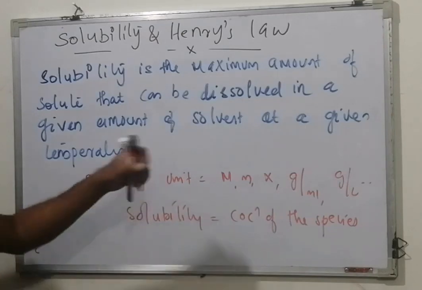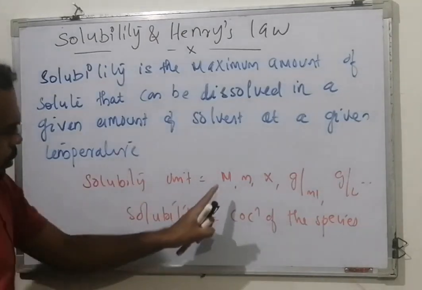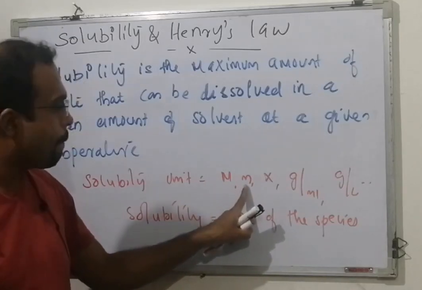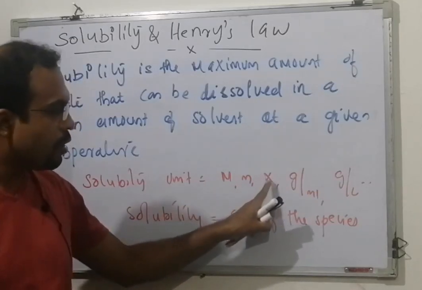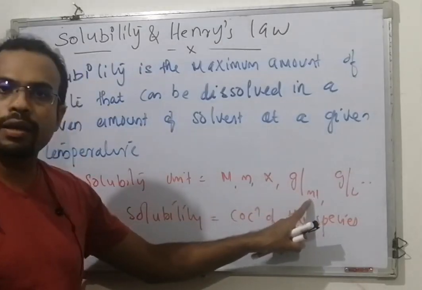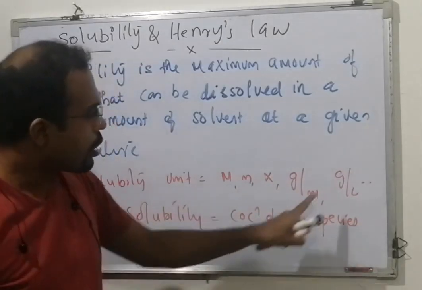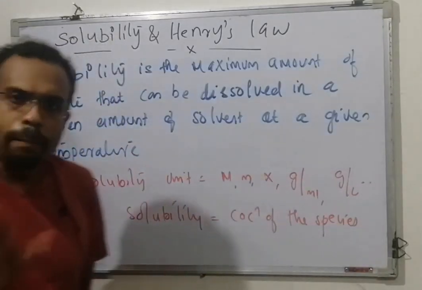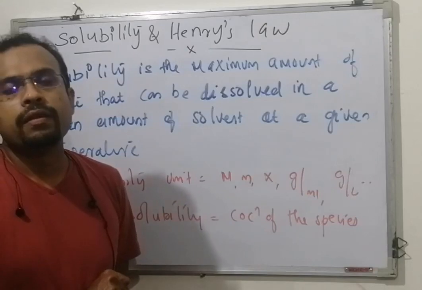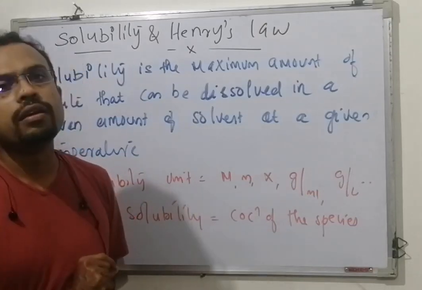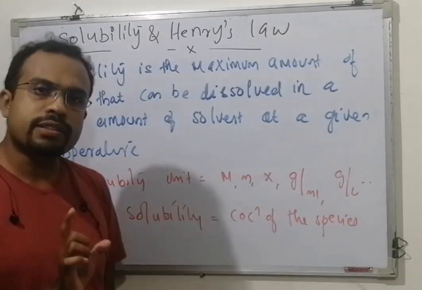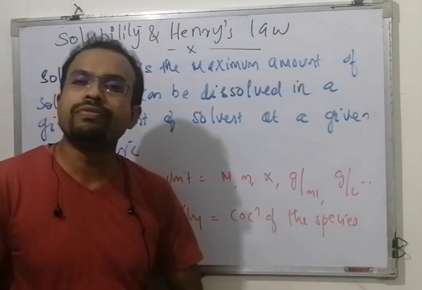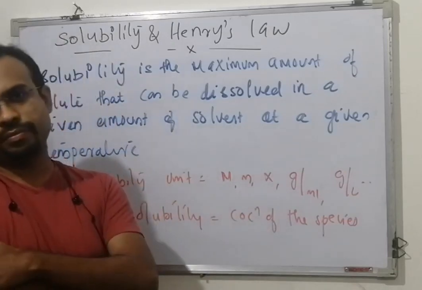Now, unit of solubility. Solubility is expressed in molarity, molality, mole fraction, gram per milliliter, gram upon liter. Simply speaking, directly speaking, solubility is nothing but it is the concentration of that species.